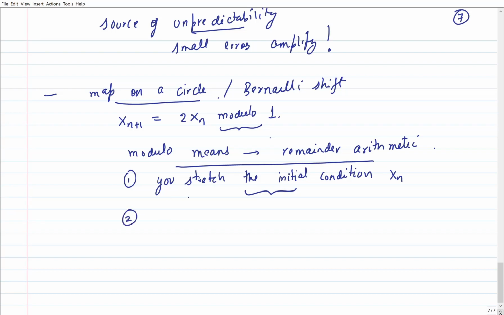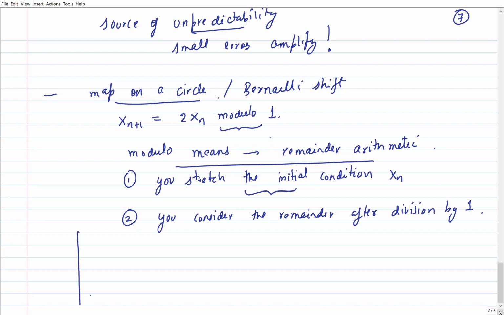Second, you consider the remainder after division by 1.